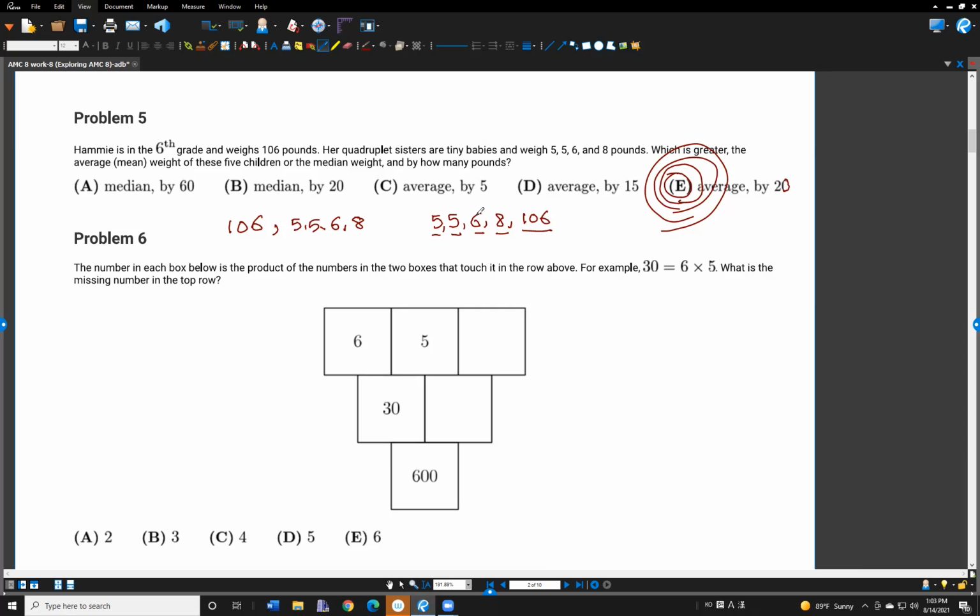The total is 130, divided by 5 is 26. The average is 26. Where is the median? It is the middle number, exactly the middle number, right? Yes, the median is 6, the average is 26. The average is greater than the median by how much? 26 minus 6 is 20, right?